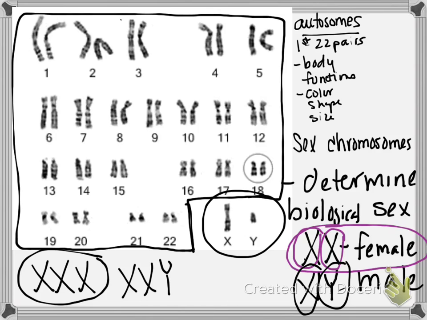So basically, this person got an X from their mom, an X from their dad, and an extra X, usually from the mother. And those women tend to have some real characteristics. They have a very thick neck. They have a low hairline. They tend to be very short in stature. They tend to be very heavy. They tend to have reduced IQ. Not always. Mrs. Haylett has, I think it was an in-law or a relative, who has Turner's, and she's a nurse.